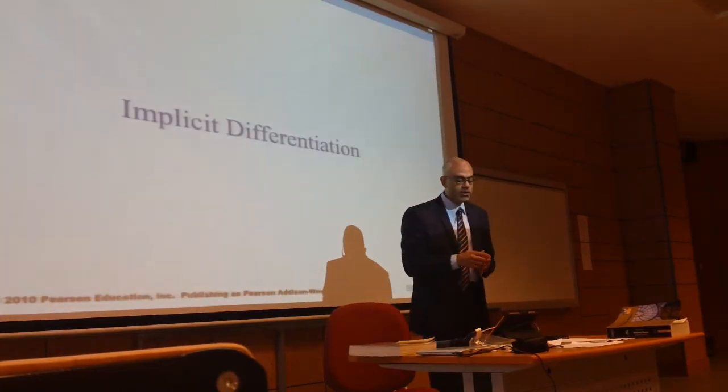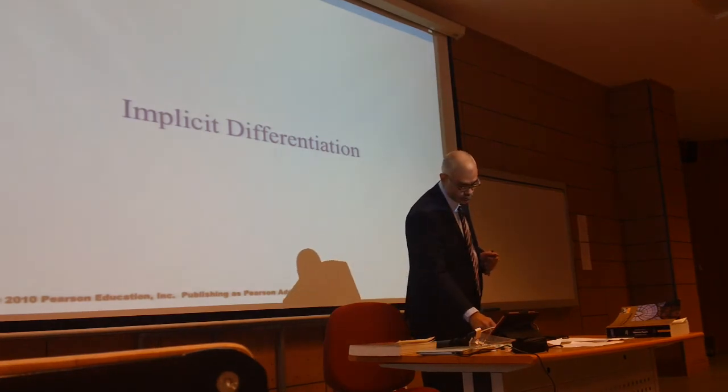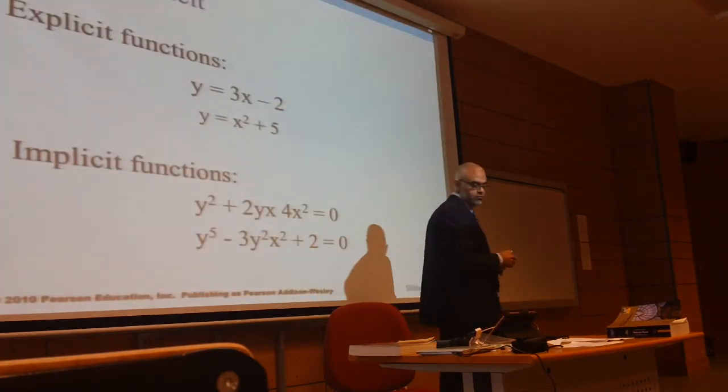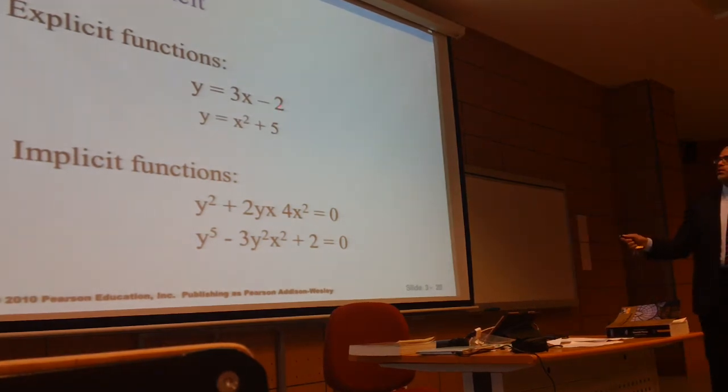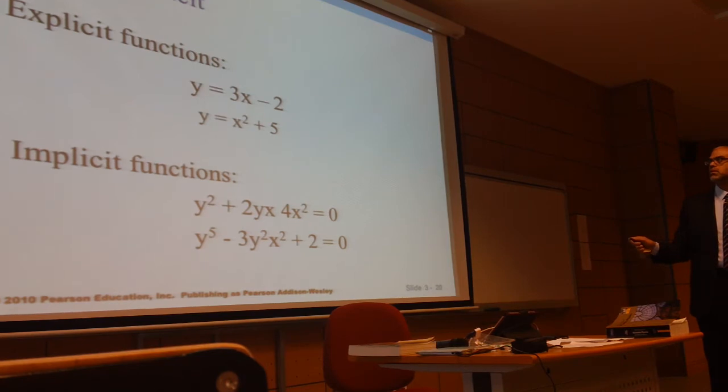Now we have something called implicit differentiation. What is this? Explicit functions have y on one side and x on the other side. I can find all the terms for y on one side and all the terms for x on the other side.